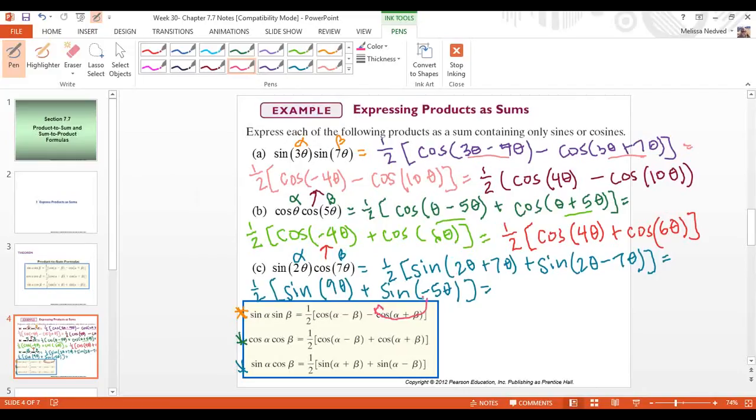So instead of it being plus sine of 5 theta, we have a minus sine of 5 theta. So my final answer will be that 1/2 sine of 9 theta, then minus sine of positive 5 theta.